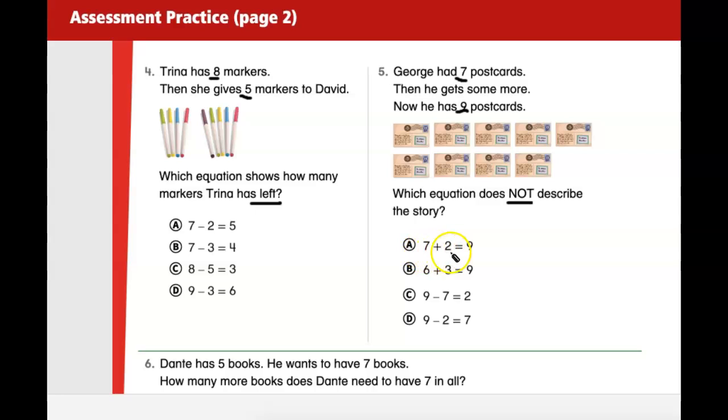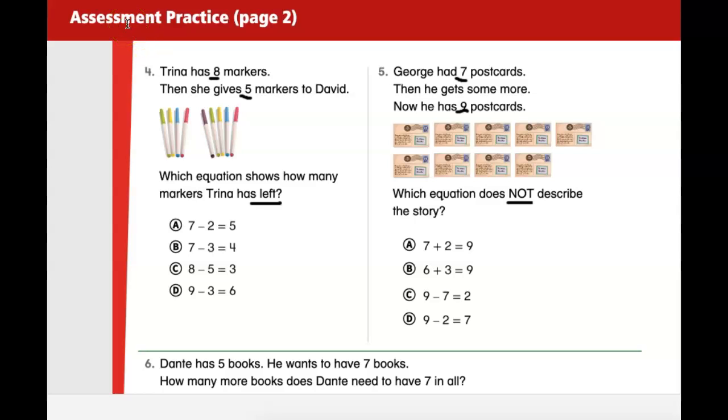So you're going to look at all of these equations. One of them will not describe our story of George had 7 postcards, then he got some more, and now he has 9. Which of these equations, and you'll fill in the bubble, does not describe that story?